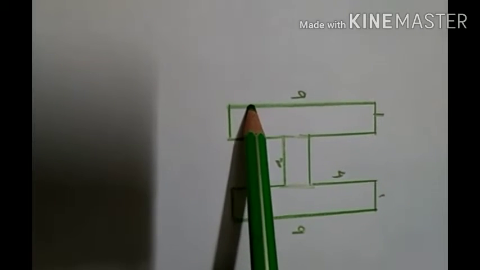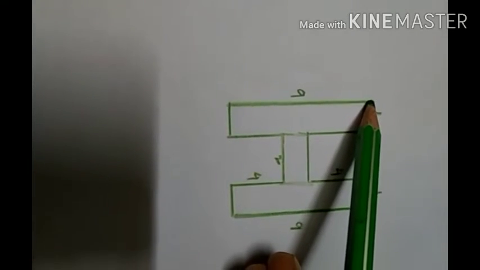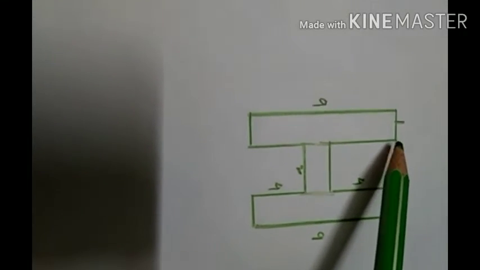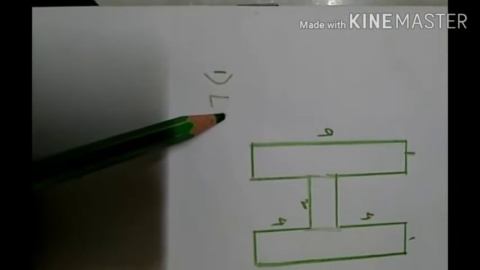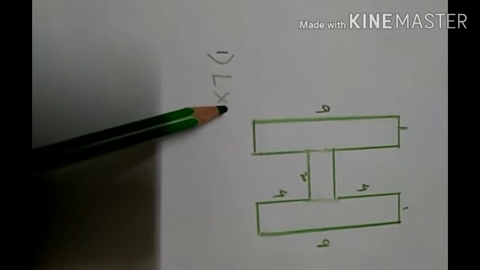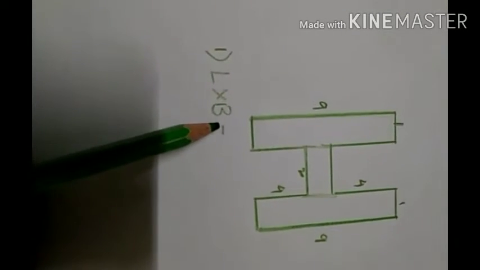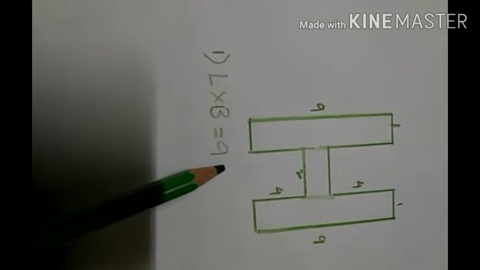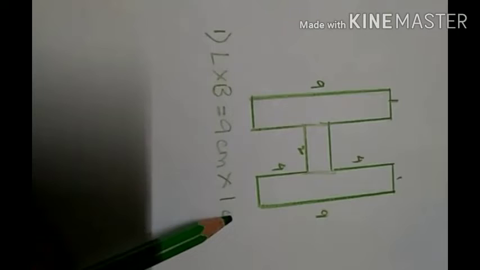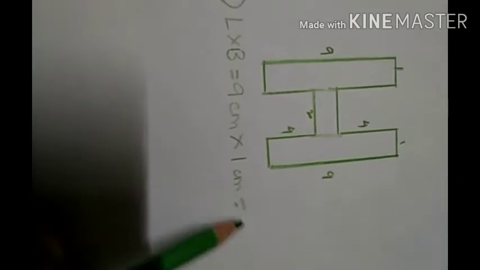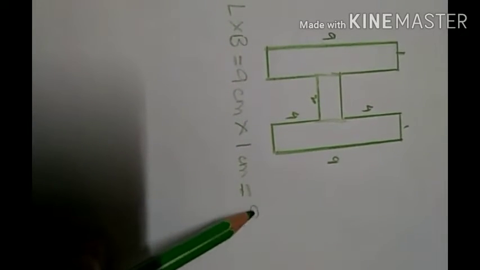Length of this rectangle is 9, breadth is 1. So its area will be length into breadth equal to 9 centimeter into 1 centimeter, that is 9 ones are 9 square centimeter.